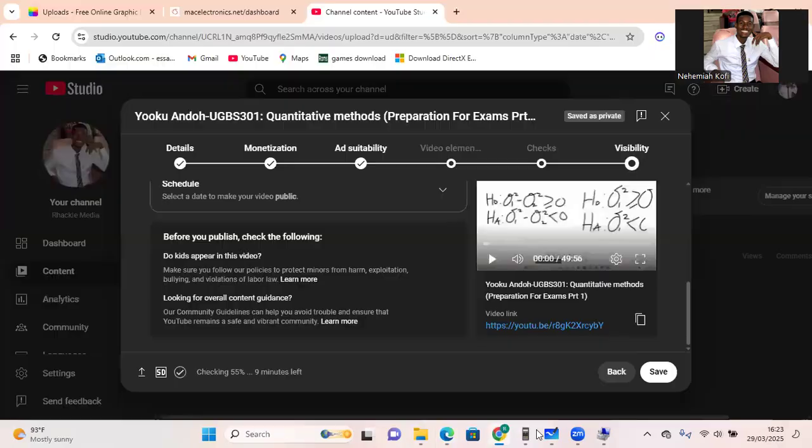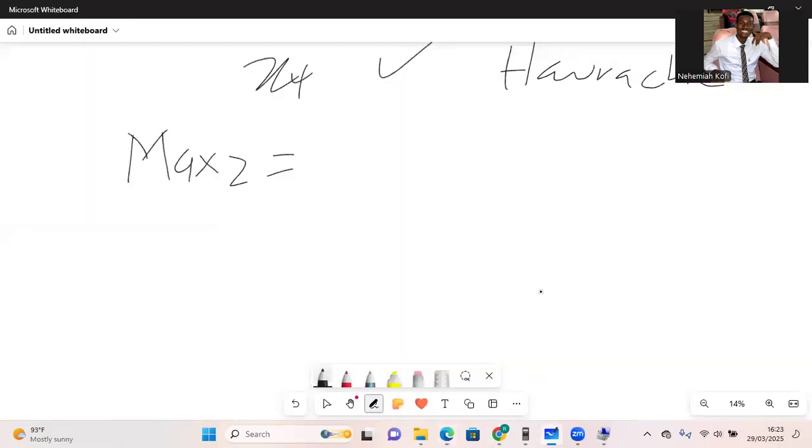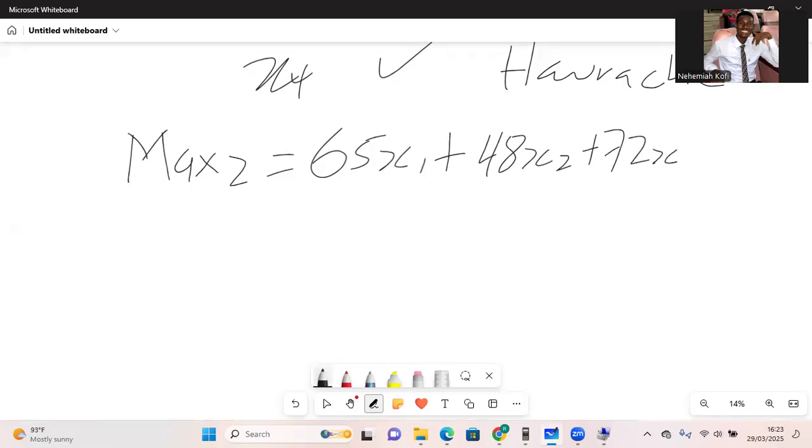So Max Z is going to be 65x1 plus 48x2 plus 72x3 plus 67x4. So this is what your Max Z is going to be.